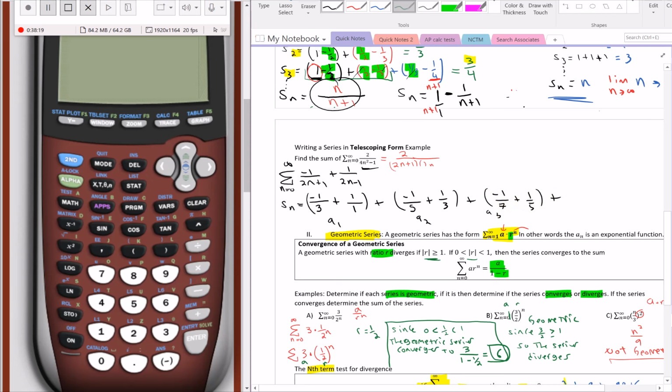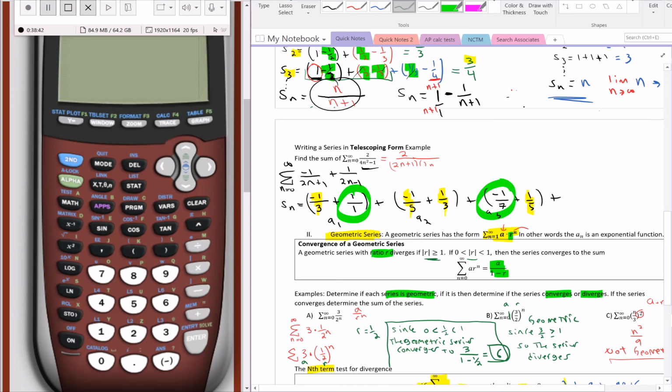But what you hopefully notice is that there's a negative 1/3 and a positive 1/3. There's a negative 1/5 and a positive 1/5. And all of those are going to keep canceling each other out. And the only thing that's going to remain is this 1 and the very last term that gives me this, right?